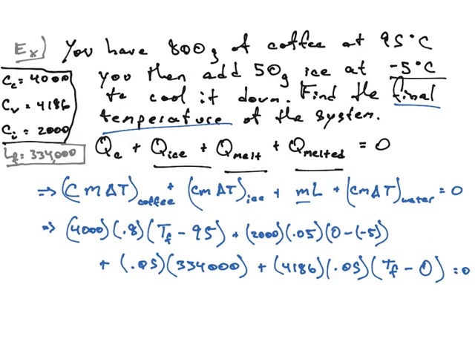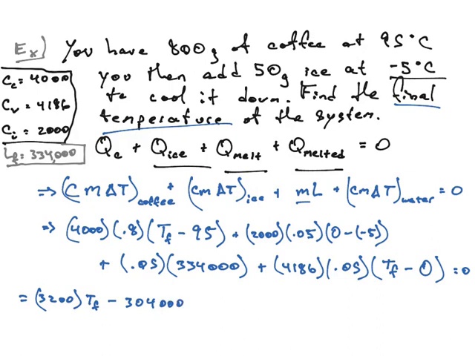All right, so now we start plugging our numbers in. So we got 4,000 times 0.8 times TF is 3,200 TF minus 4,000 times 0.8 times 95 is 304,000.